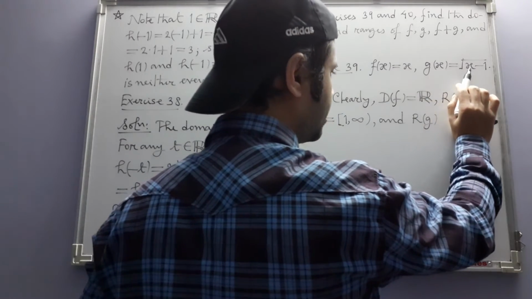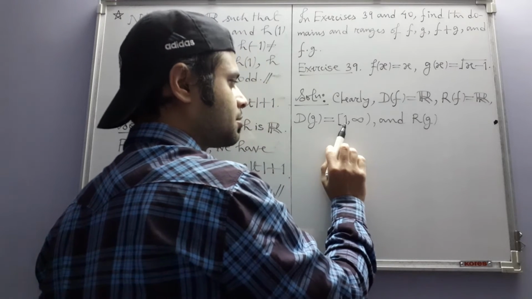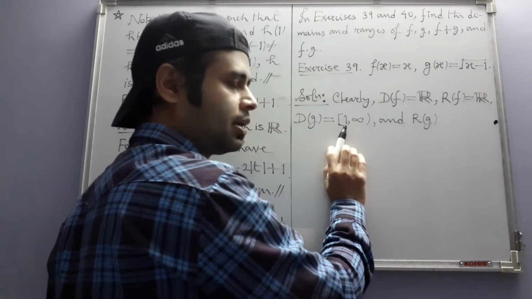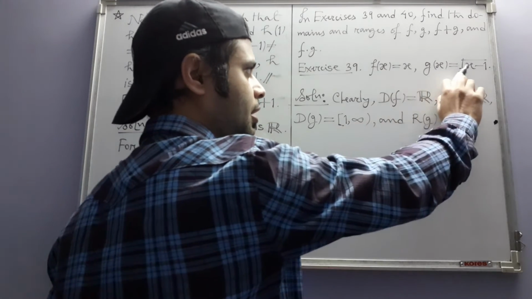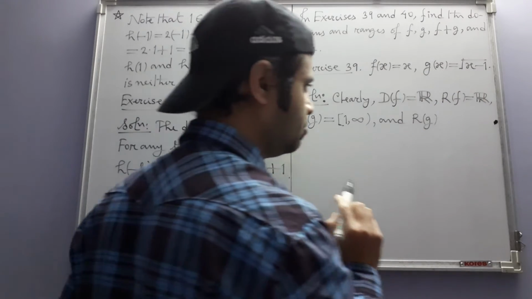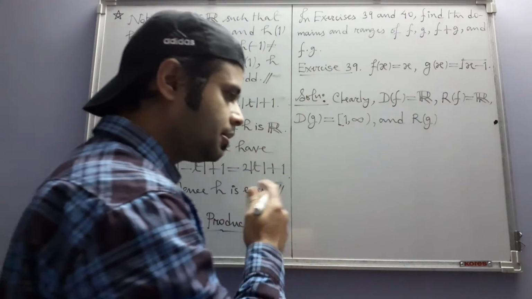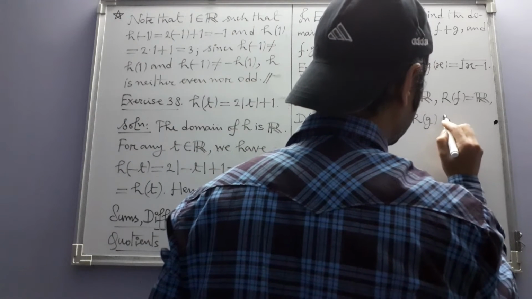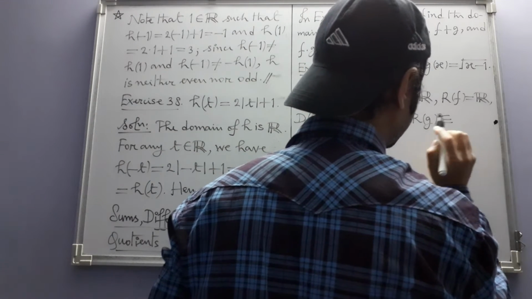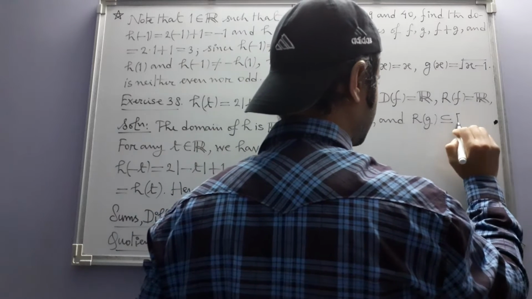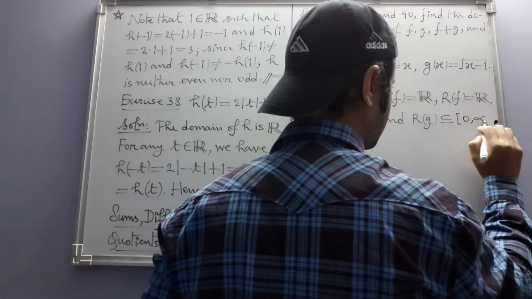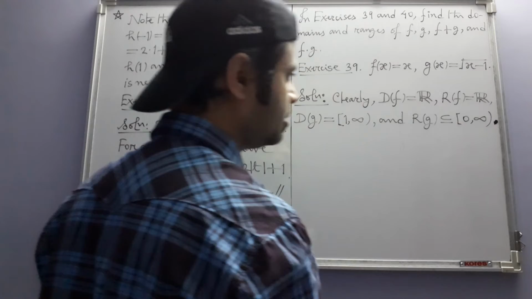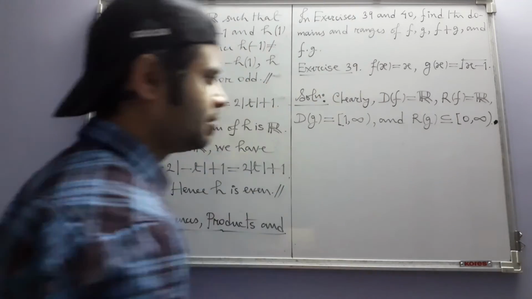When x is 1, when you put the smallest possible value of x from the domain, then the output is 0. So you do get 0, but then you get positive. So we can say that the range is contained in the set of all non-negative real numbers.